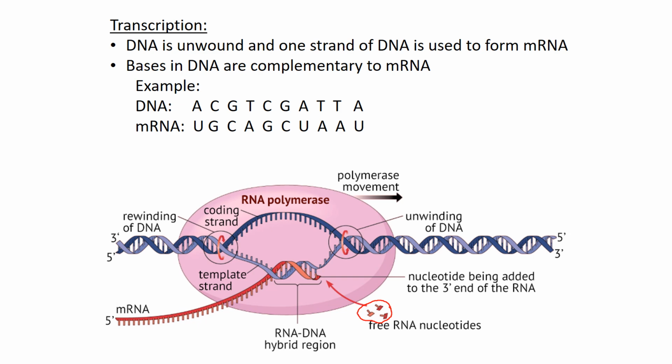But here, it needs to be complementary. So if on the DNA there is an A, then the U RNA nucleotide is grabbed by the enzyme and attached to that part. But if there's a C, G is attached. If there's a G on the DNA, then a C is attached for the mRNA. If there's a T, then A is attached.